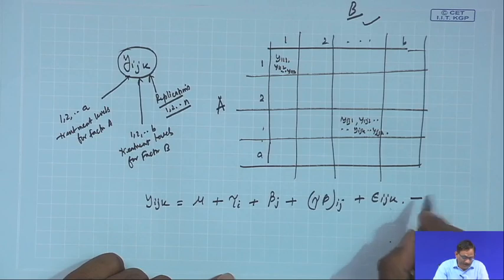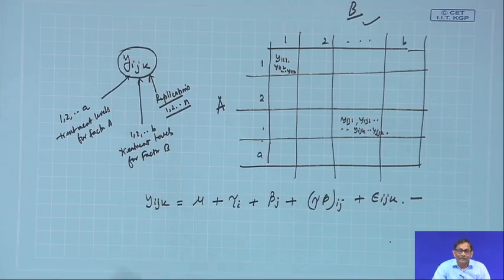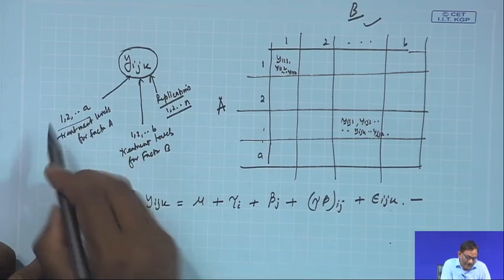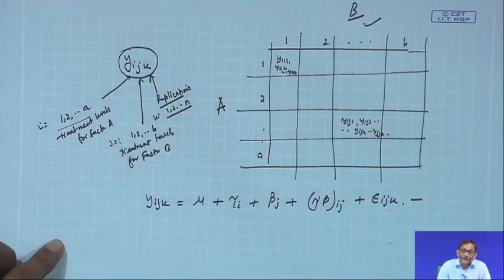So this is my ANOVA model. So you understand now, i from 1 to a, j from 1 to b, k from 1 to n.